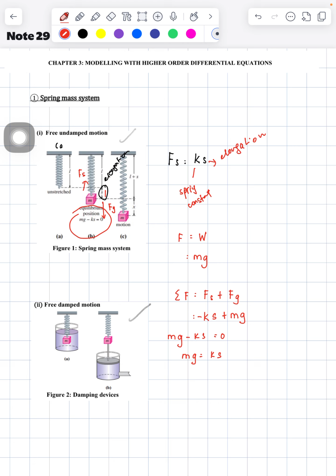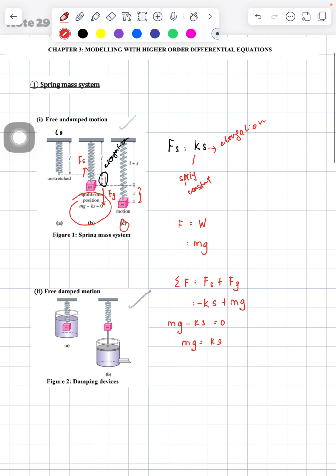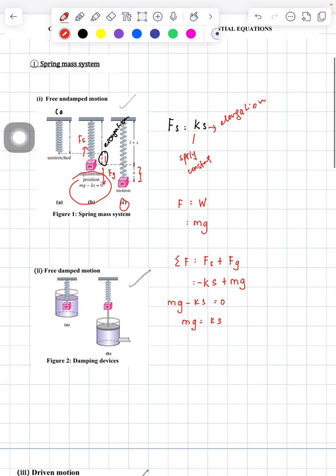Then for the third image, if the mass is displaced by an amount x from its equilibrium position, the restoring force of the system Fs equals k(x plus s).